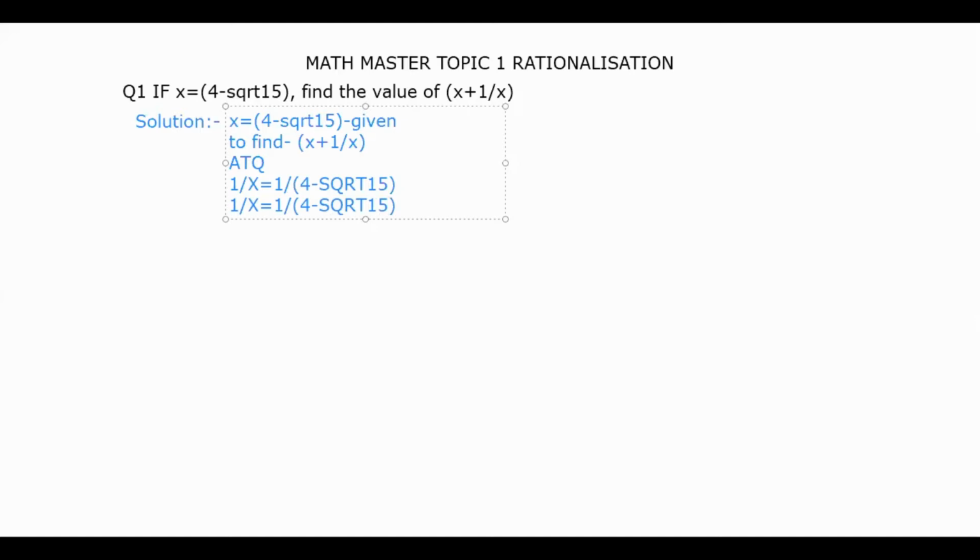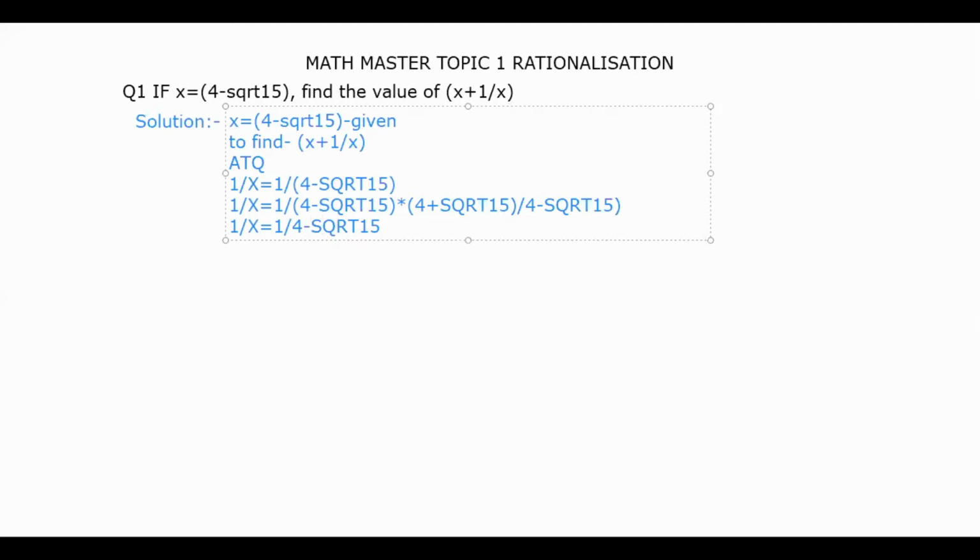Now multiply with 4 plus square root 15 on the numerator divided by 4 minus square root 15. So now the equation for this question changes. Let's do another step. So 1 upon x became 1 divided by 4 minus square root of 15.